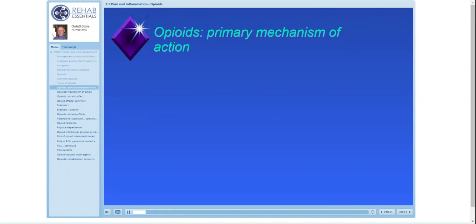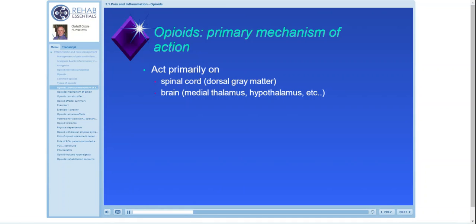Now, the fact that the opioids have been around for thousands of years has not really decreased our interest in how they work. And we'll start first with the primary way that opioids work, and this has been known for many years. What opioids do is they act at several sites within the central nervous system, both at the spinal cord level and upwards through the brain.